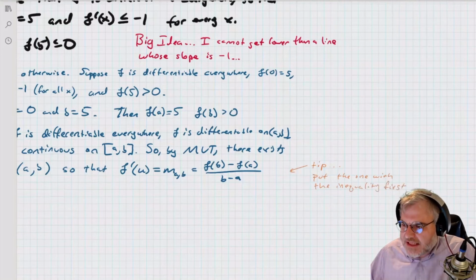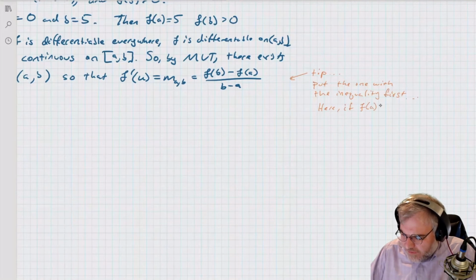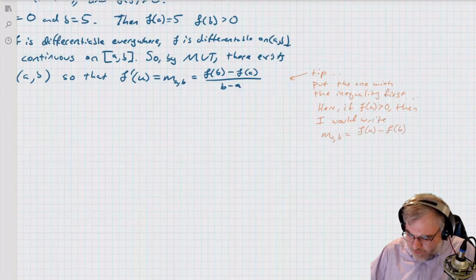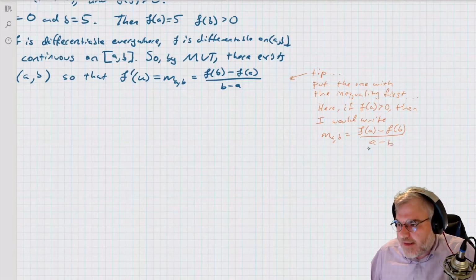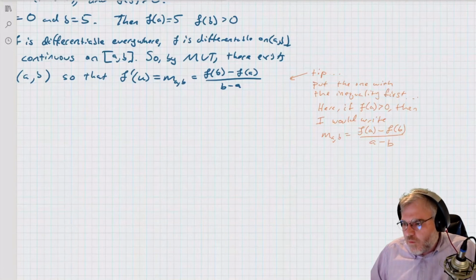If I had a condition, so here, if f of a was the thing greater than 0, then I would write m_ab equals f of a minus f of b all over a minus b. So what I've done is I've multiplied the top and the bottom by -1, but notice now my inequality doesn't have this weird negative sign in front of it, right? So I don't have to flip anything. How do we feel about that? That's just a little tip.